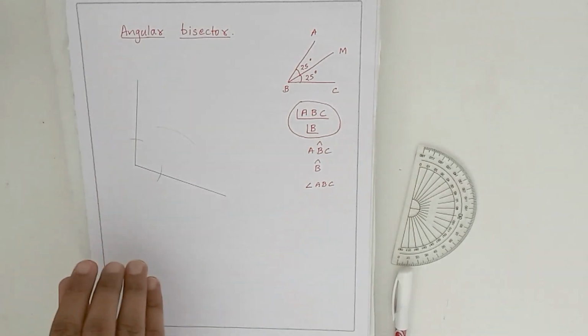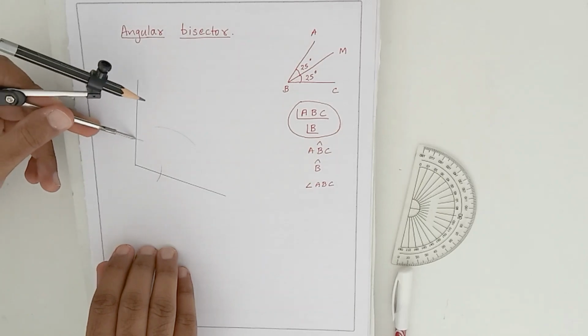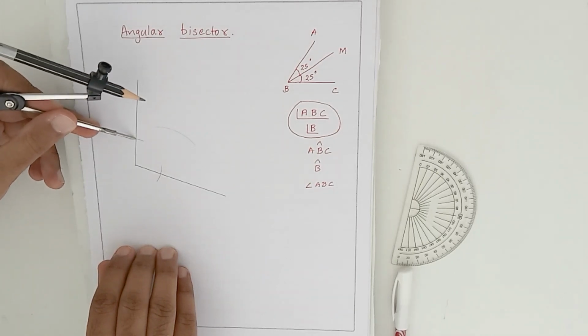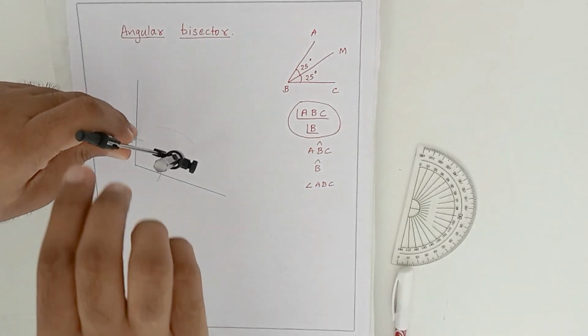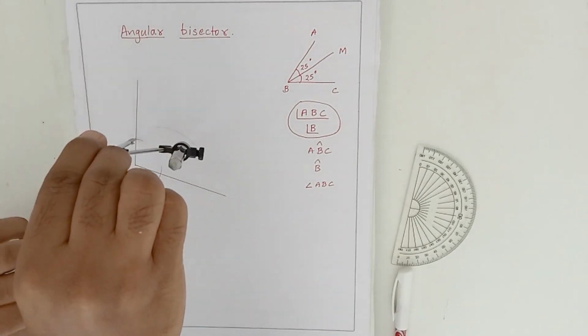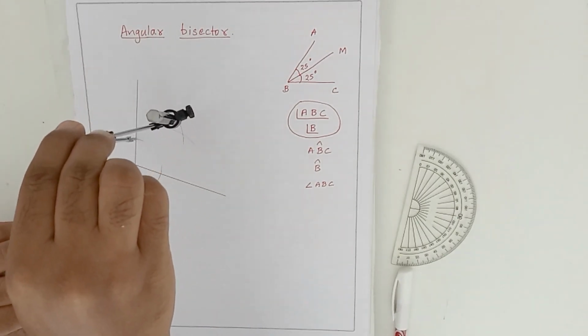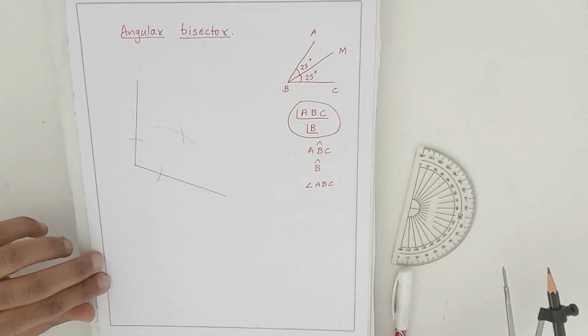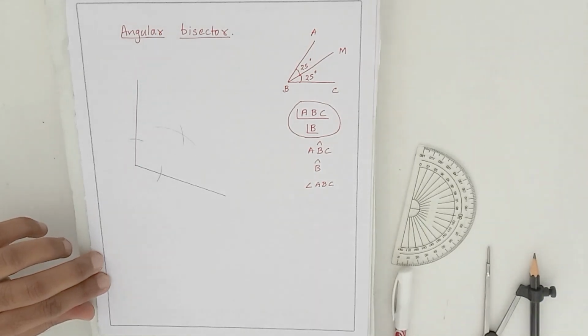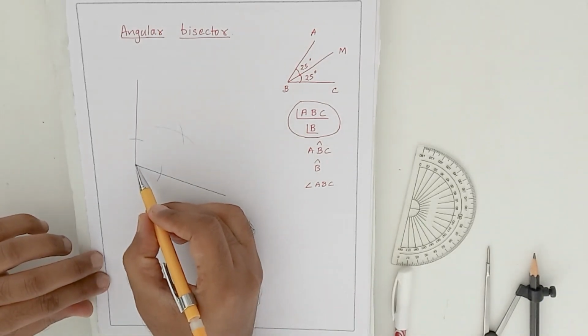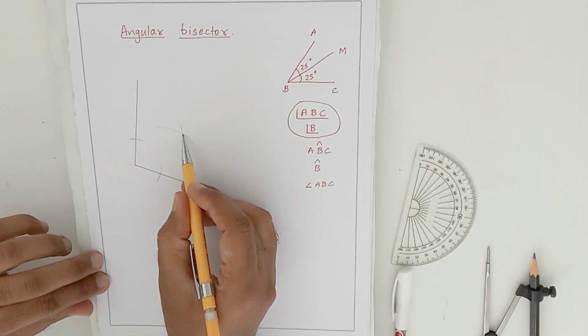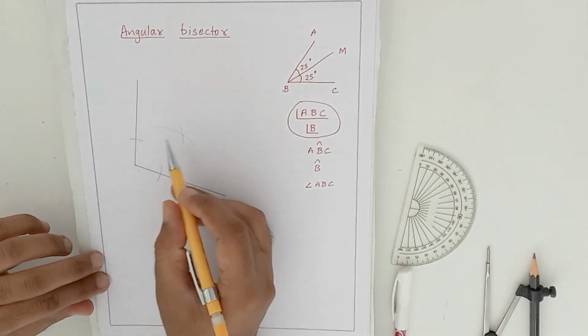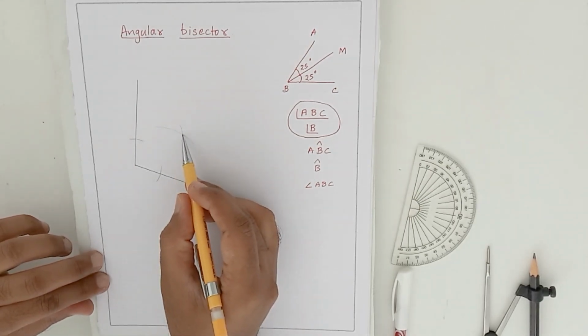Then remove this compass tip and place it here, and then cut this arc, and then cut this arc. After this, you just have to join this point and this point. This is the vertex of the angle, and then this is this point.